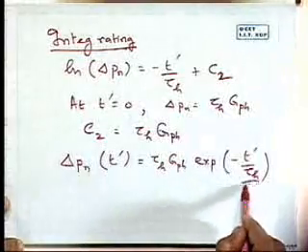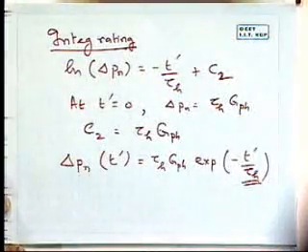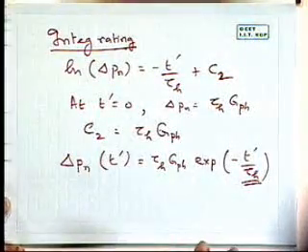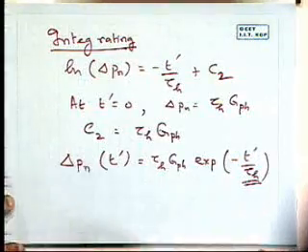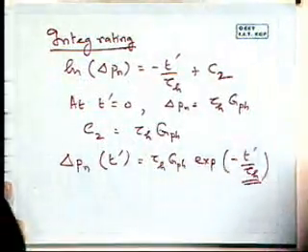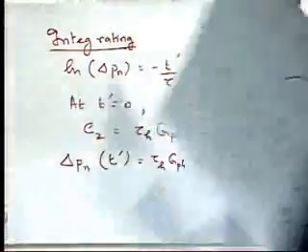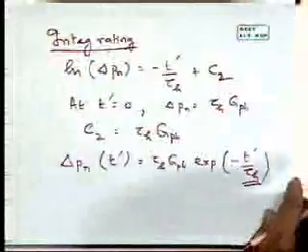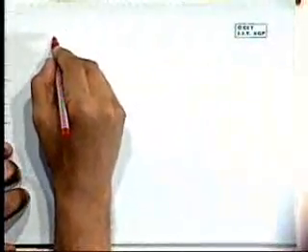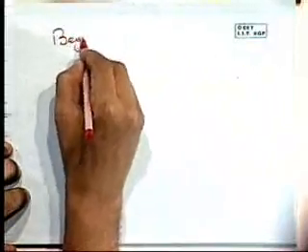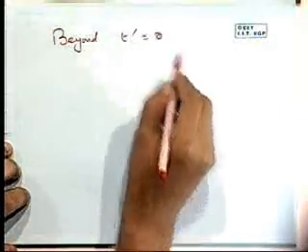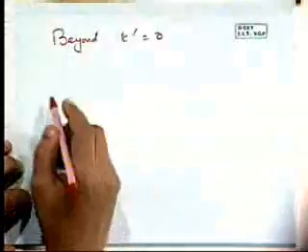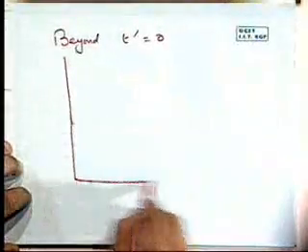So again, what we see is that the decay is an exponential decay with a time constant of tau_h. In tau_h, it will decay to 1 by e of its value. That's the implication of this. So I can go back now and finish up this sketch that we started here, that beyond t', we will have then, I'll redraw that sketch.